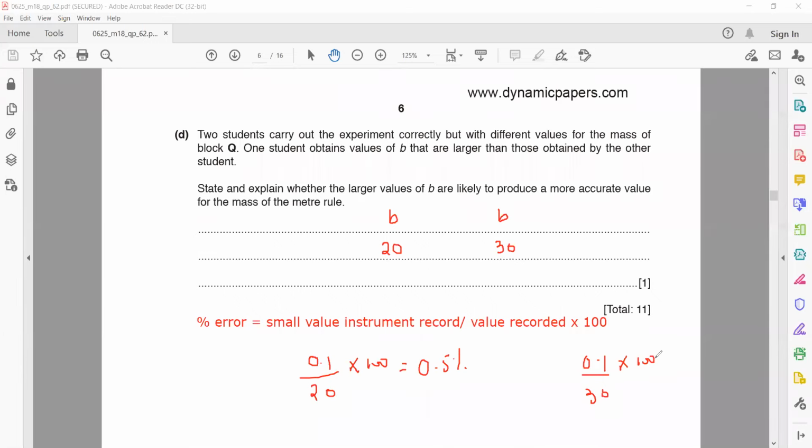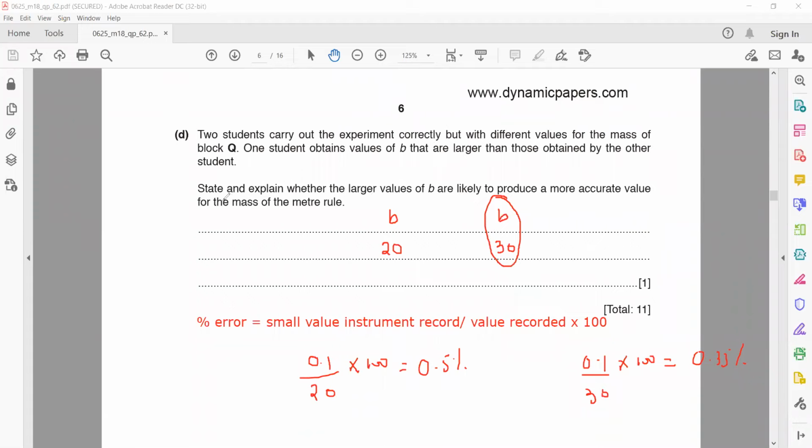And what about the other one? 0.1 divided by 30 multiplied by 100. 0.33% error. So you can clearly see that though both students perform the same experiment, the student who is recording a larger value has a smaller percentage error.